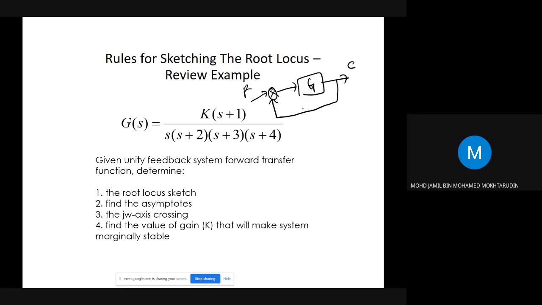So unity feedback, dia punya value H equals 1. So when you have unity feedback, you can straight away determine the poles and zeros from G(s). However, if you have a non-unity feedback, you need to simplify the transfer function to get the closed loop transfer function first.